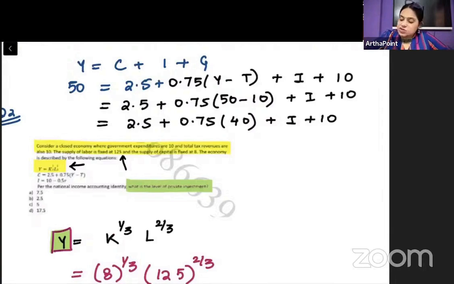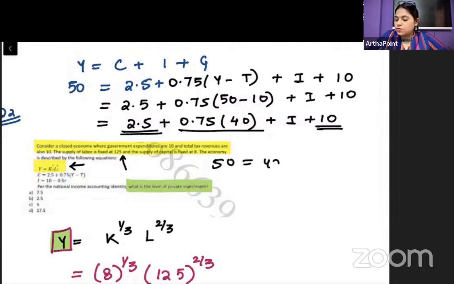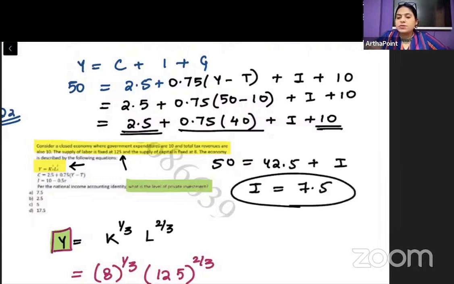So into 40, that is going to give me 30. So 30 plus 10 is 40. So this is going to be 42.5. So 50 is equal to 42.5 plus I. So I will be 7.5, right? So they're just asking to find the level of private investment, and that is going to be 7.5. That would be the answer to this question, right?